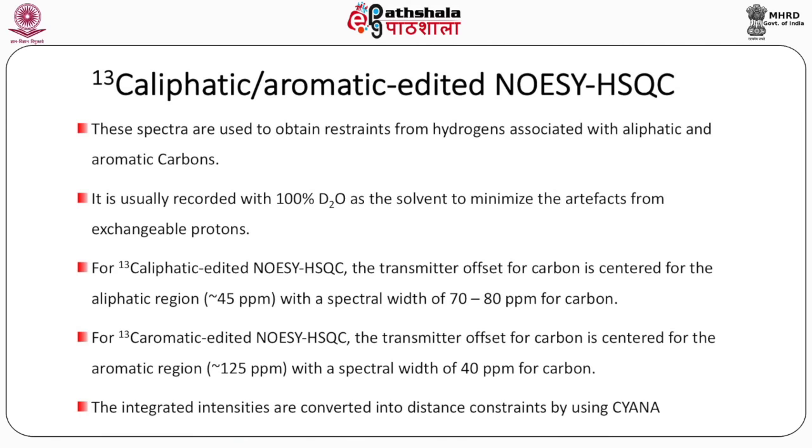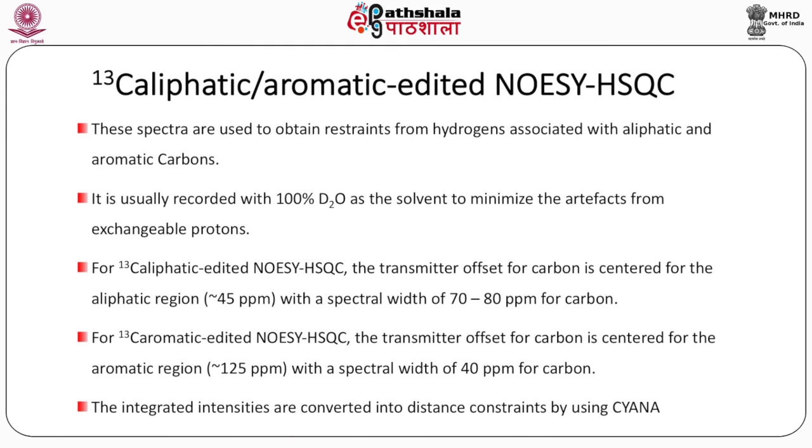For C13 aliphatic edited NOESY HSQC, the transmitter offset for carbon is centered for the aliphatic region, which is around 45 ppm with a spectral width of 70 to 80 ppm for carbon. By the way, for N15 edited NOESY HSQC, the N15 transmitter is usually kept at 120 ppm nitrogen chemical shift.